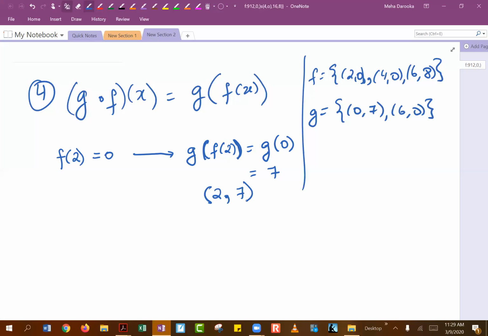So that means our second ordered pair in the f function is now 4, 0. So we will be repeating that process, but now we will be using f of 4. And what does f of 4 give us? 0 again. So same calculation with your composition.